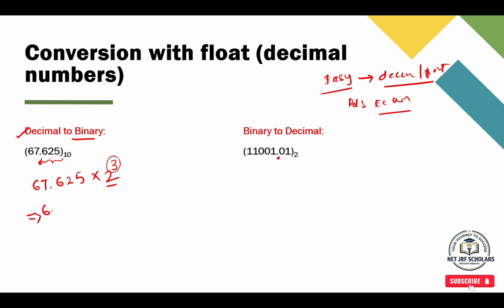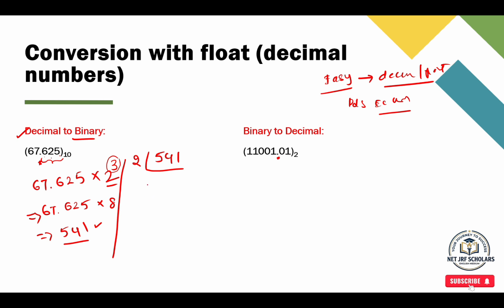So if we calculate 67.625 into 8, we will get 541.